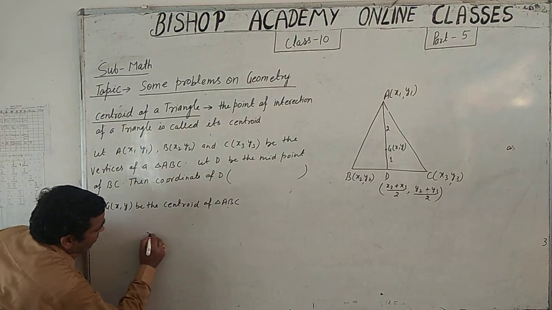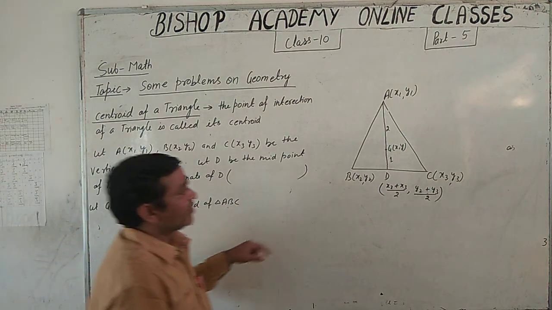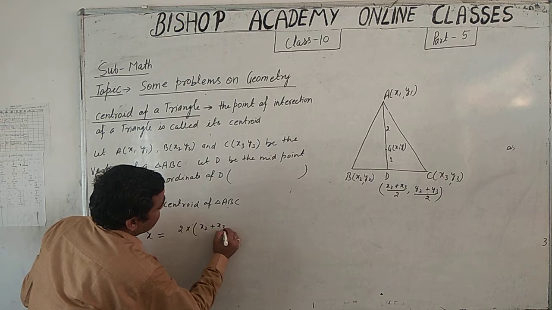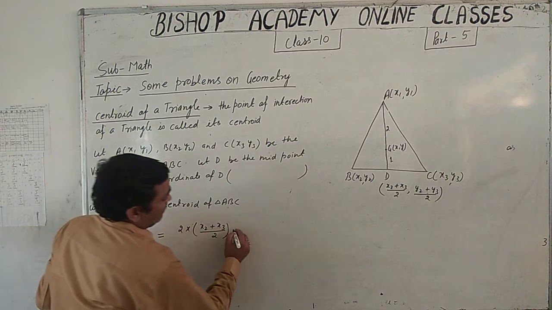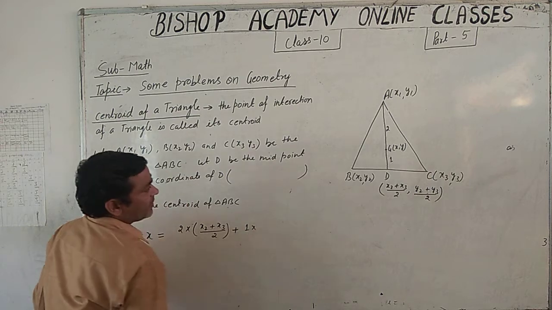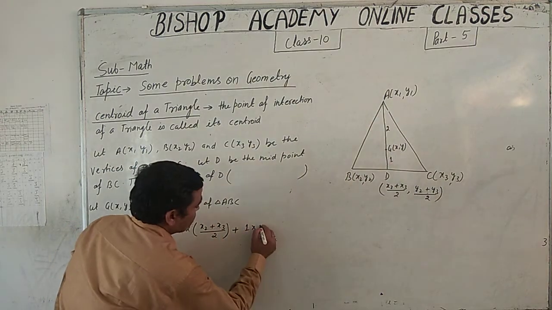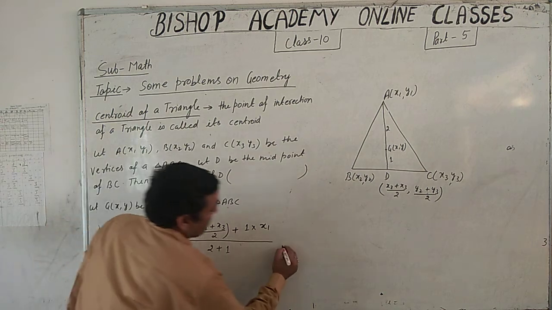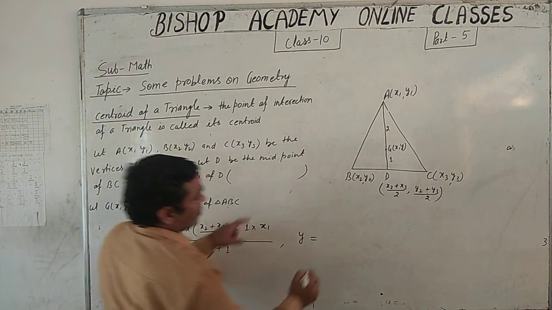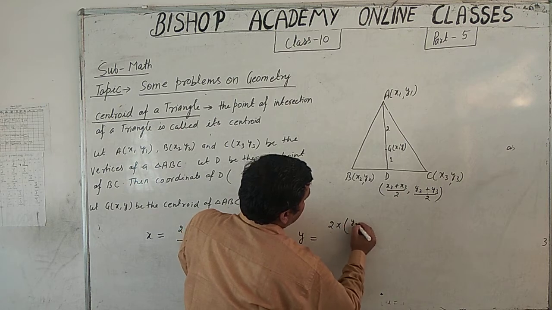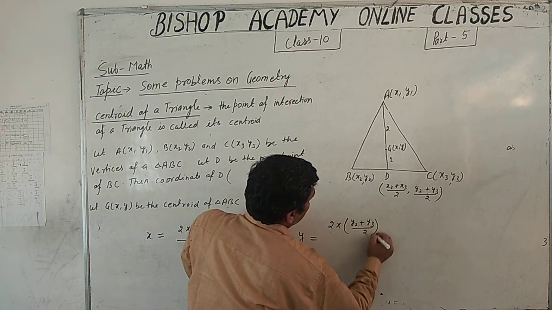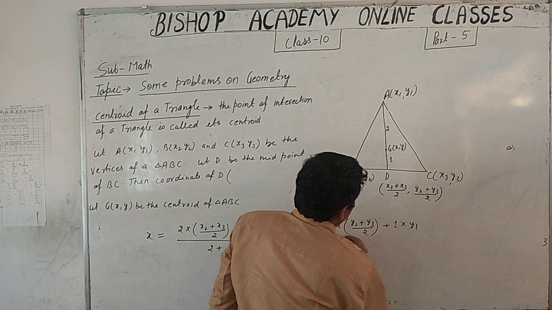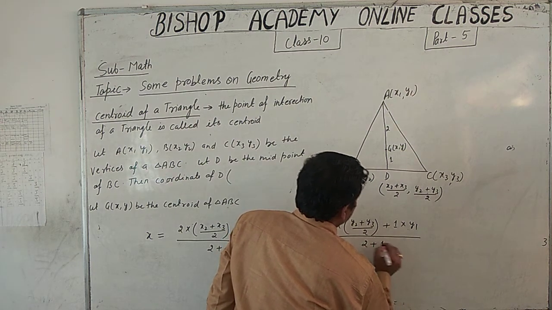Then by the section formula, the value of x equals (2 multiplied by (x2 plus x3) upon 2 plus 1 multiplied by x1) upon (2 plus 1), and y equals (2 multiplied by (y2 plus y3) upon 2 plus 1 multiplied by y1) total upon (2 plus 1).